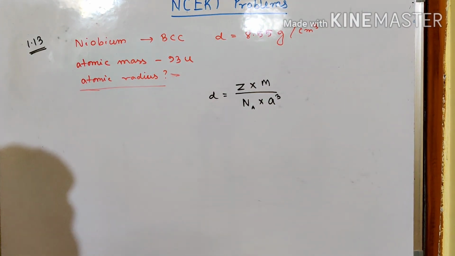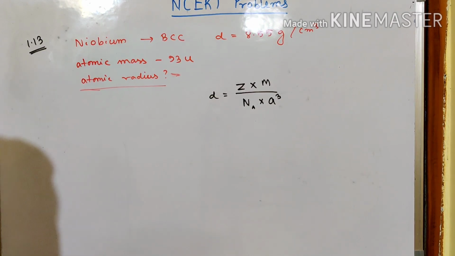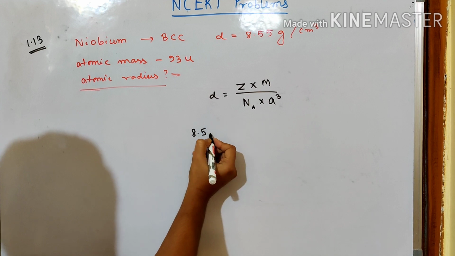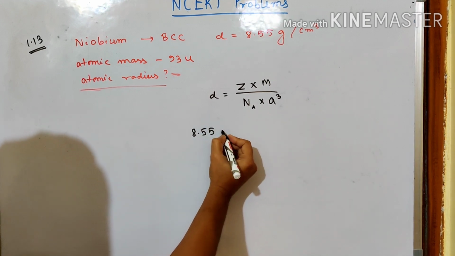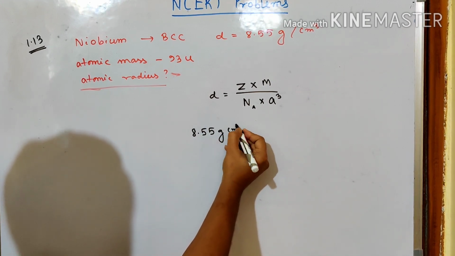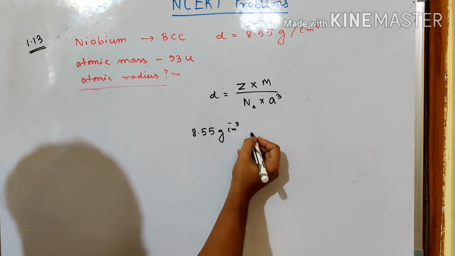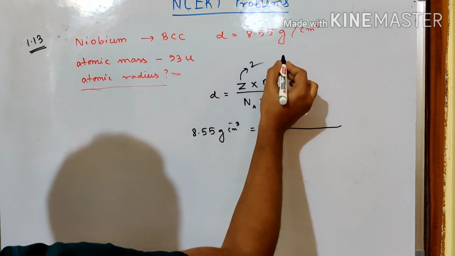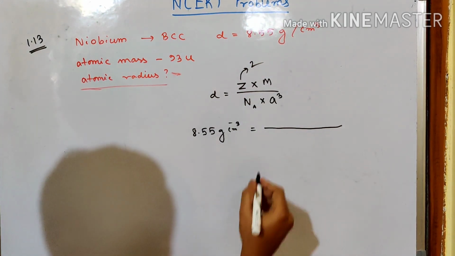So according to this formula, density is given, which is 8.55 gram per centimeter cube, is equal to, we know Z, for body center it should be 2.